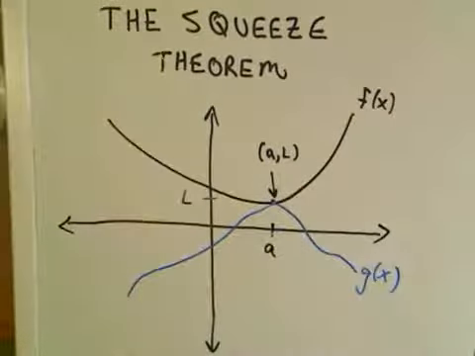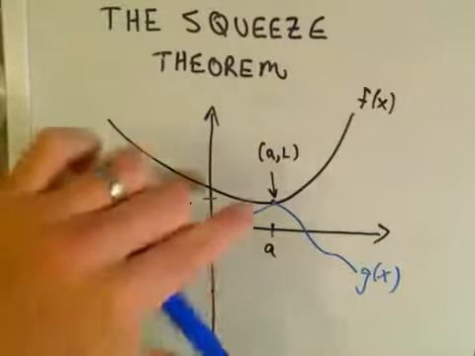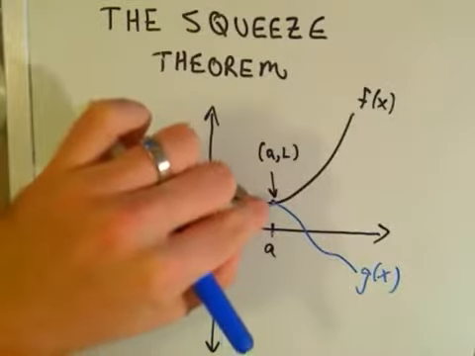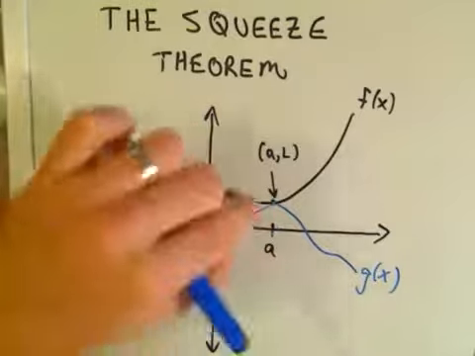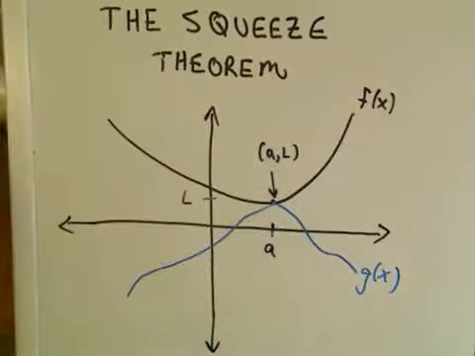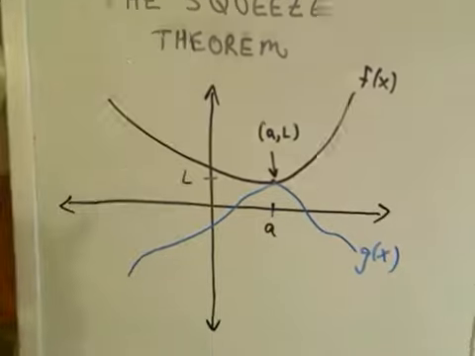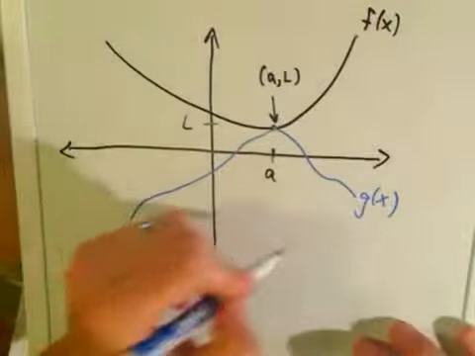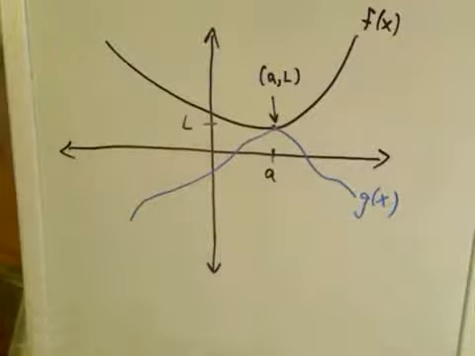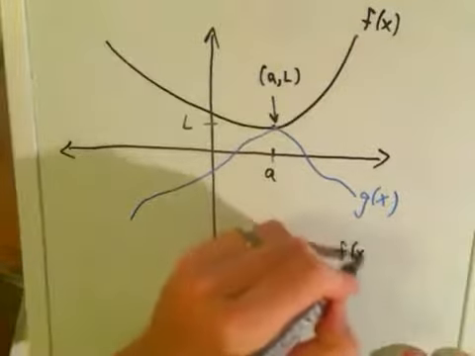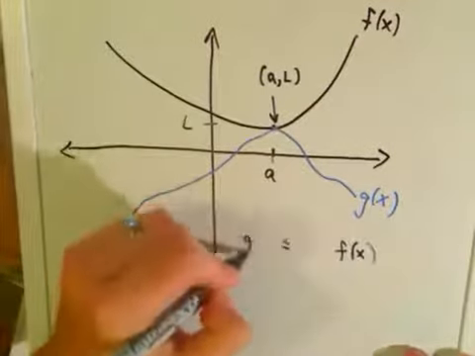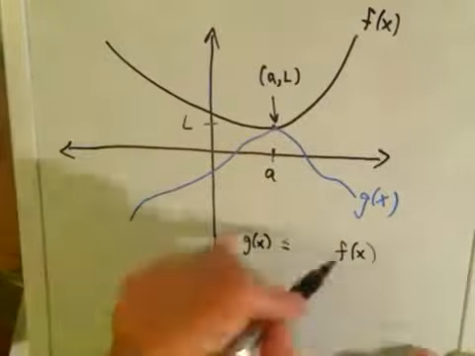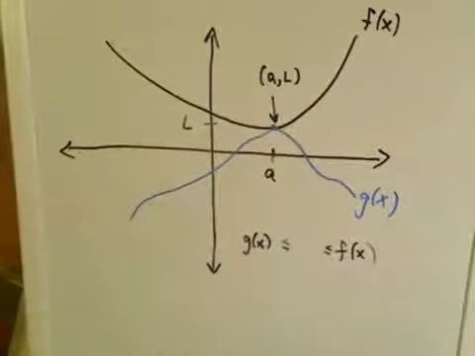Okay, and notice that at the x-coordinate of a, f of x and g of x intersect, okay? And so what we have so far is a function, f of x, that's greater than or equal to a function g of x, and we're going to squeeze something else inside of there.